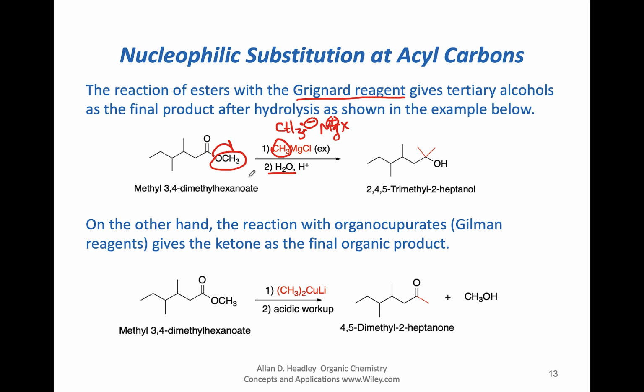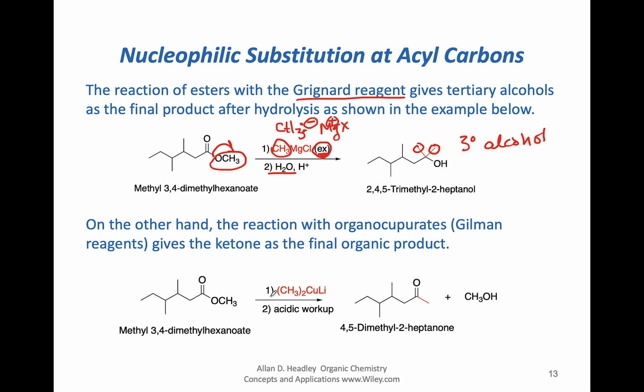That leaves to give a ketone. The ketone is very reactive with a Grignard, so another mole, that's why we have an excess here, will react with the ketone, and after hydrolysis gives a tertiary alcohol. Notice again that these two groups are the same because they're coming from an excess of the Grignard.